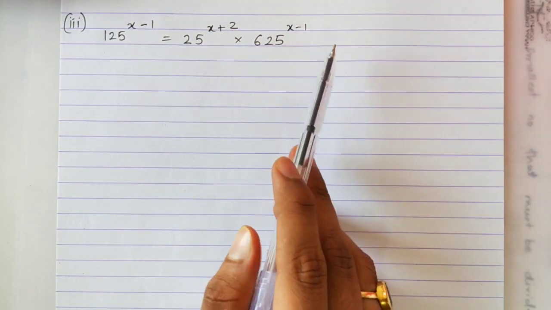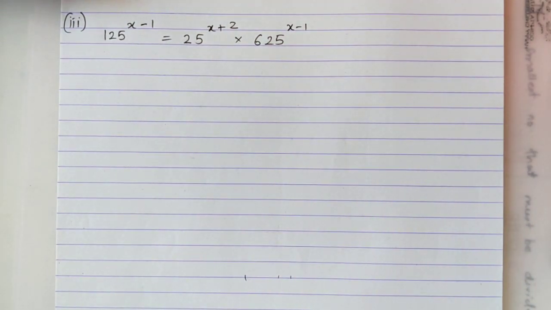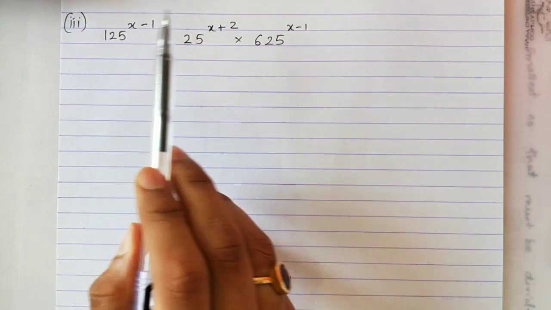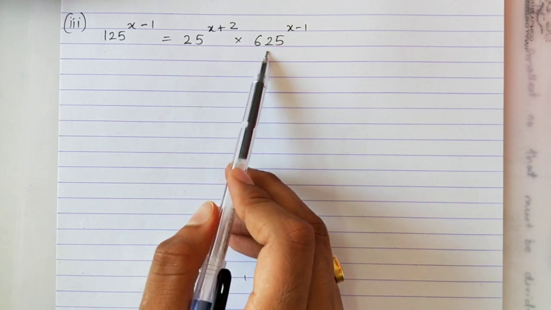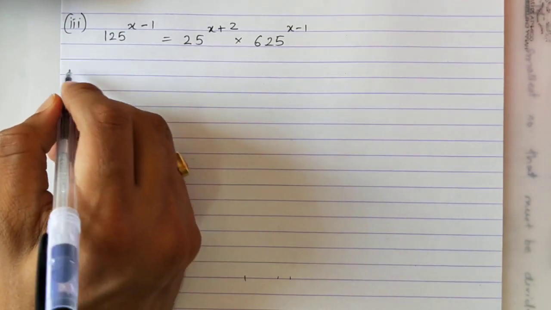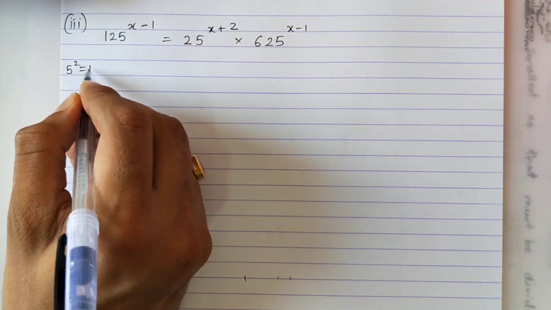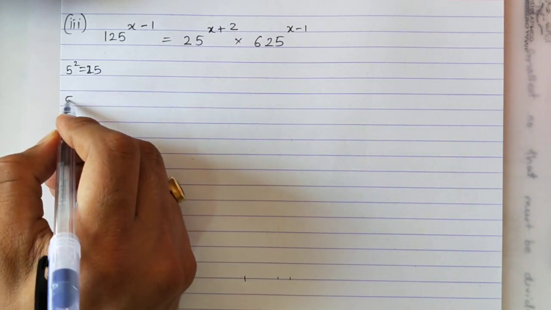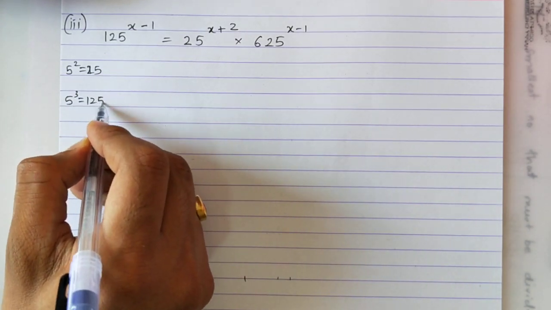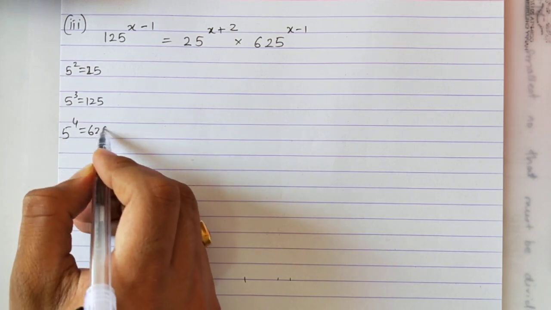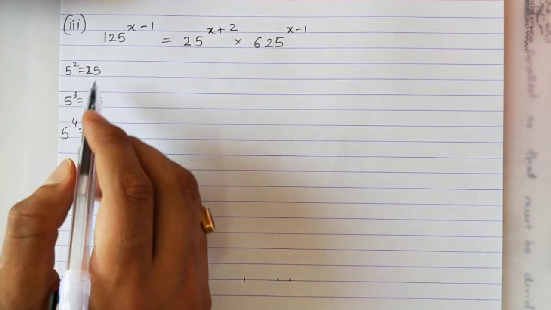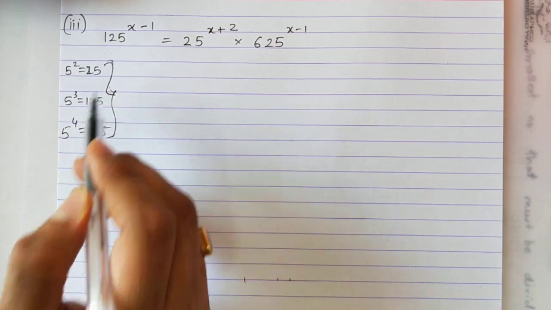This is the question. Here, if you observe, 125, 25 and 625, these are all powers of 5. You must remember 5 square is 25, 5 cube is 125, 5 raised to 4 is 625. You have to learn these values.